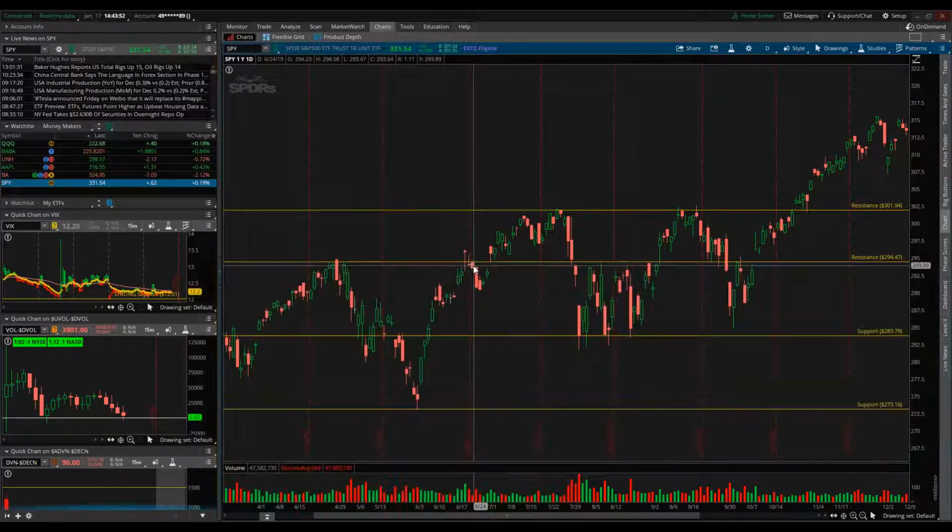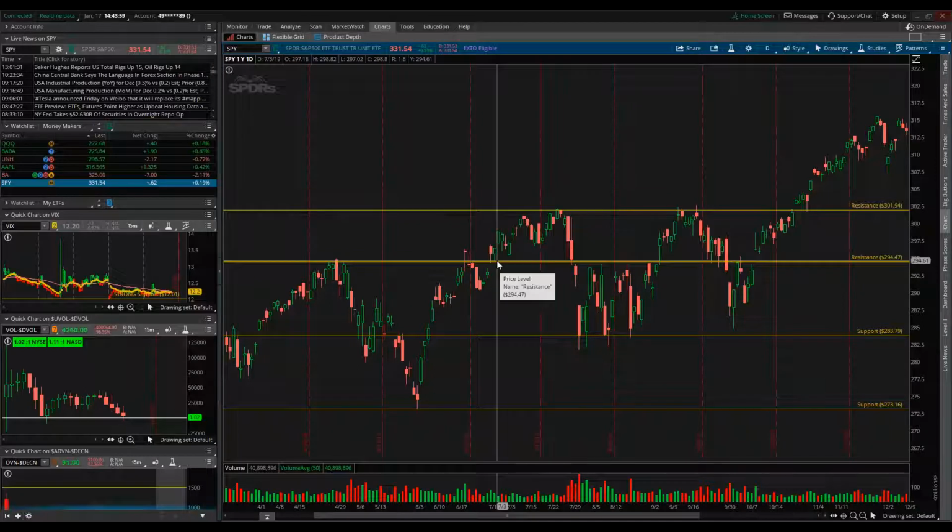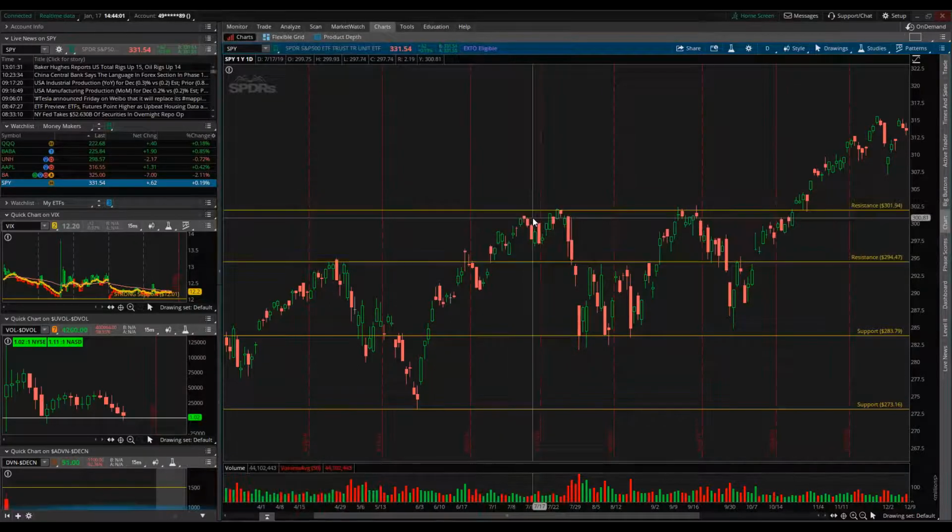And we can also see that when we broke this resistance, we broke above it, and then we held above it. Price wanted to continue up after that. Buyers were here at this price level, or above this level, there were still buyers, which caused price to rise. Now, eventually, we ran into some resistance.